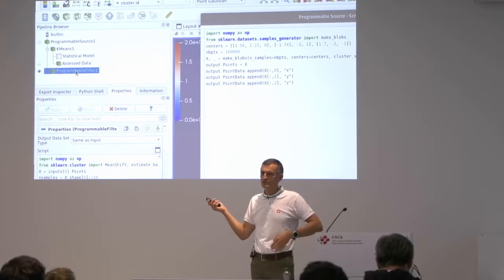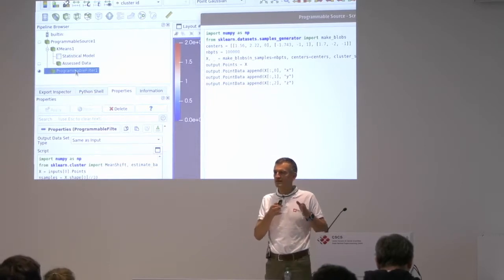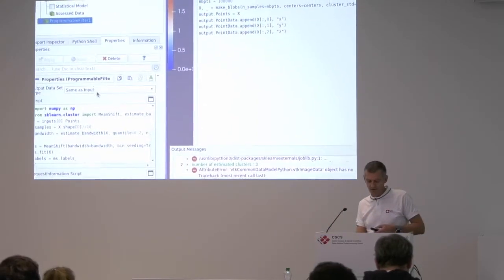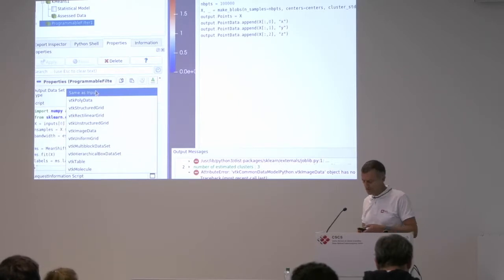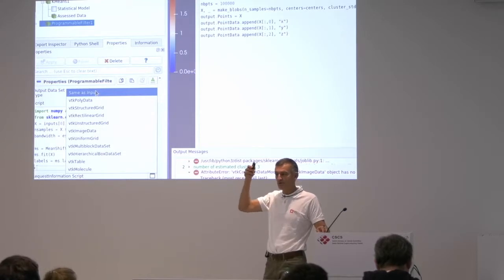So this is one option to inherit the type of grid that you put in as an output. You can also modify that, and in that case, you have, again, the same choice of options here. But this is because it's a filter. The source itself does not take any other modules as input.